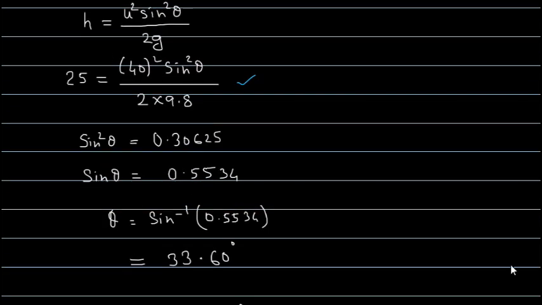Now sine square theta is equal to 0.30625. Sine theta is equal to root of 0.30625, which is equal to 0.5534. Now theta is equal to sine inverse 0.5534, and theta is equal to 33.60 degrees.